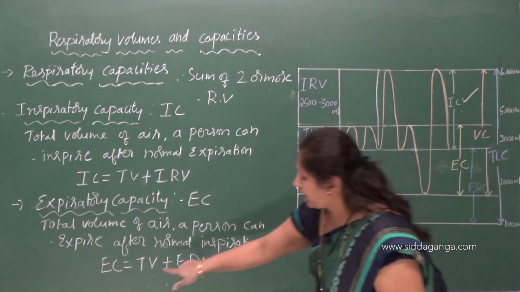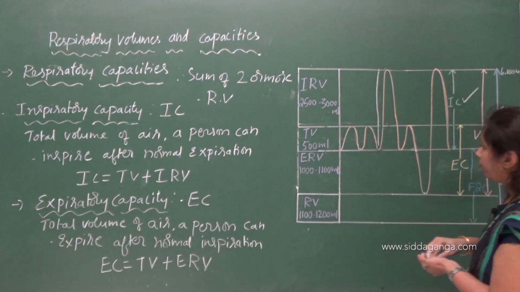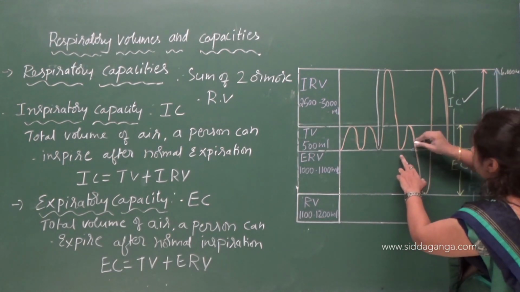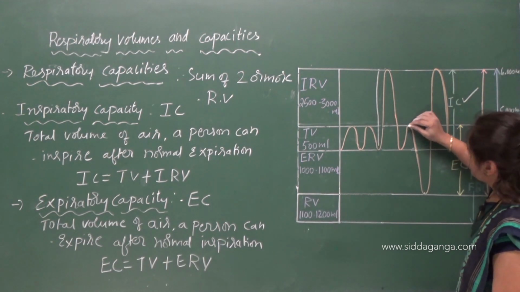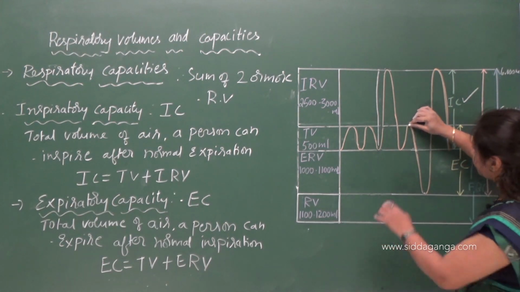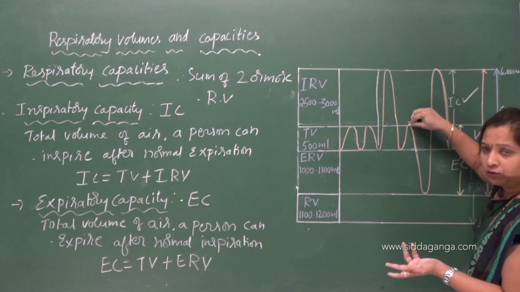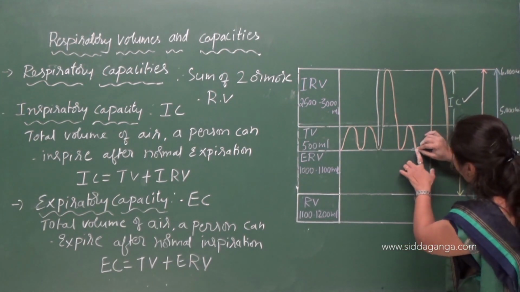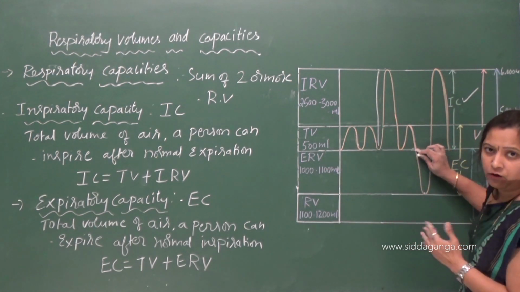So what is expiratory capacity? TV plus ERV. See here, after normal inspiration, we exhale. So after normal inspiration, if we exhale normally, we expel 500 ml of air outside.